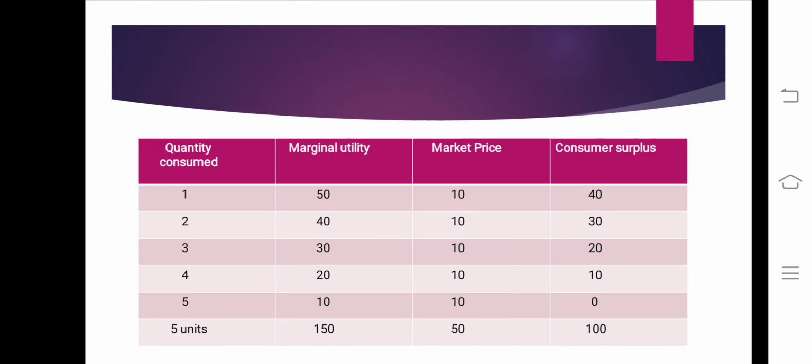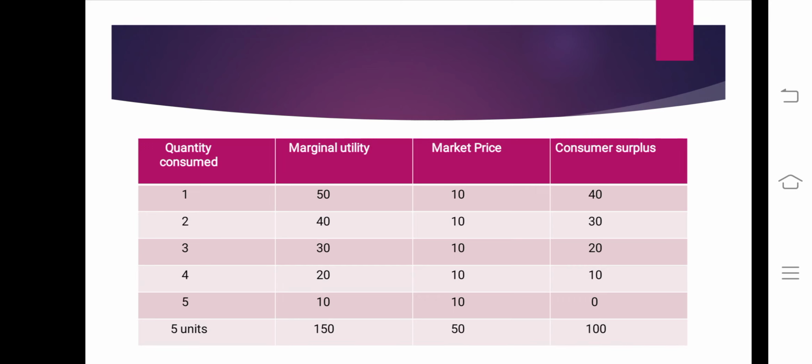For example, if the quantity consumed is 1 unit, the marginal utility is 50 and the market price is 10. So the consumer surplus is marginal utility minus market price. So 50 minus 10 is 40. When we come to the second row, that is quantity consumed is 2 units, the marginal utility decreases to 40 and the market price remains stable.